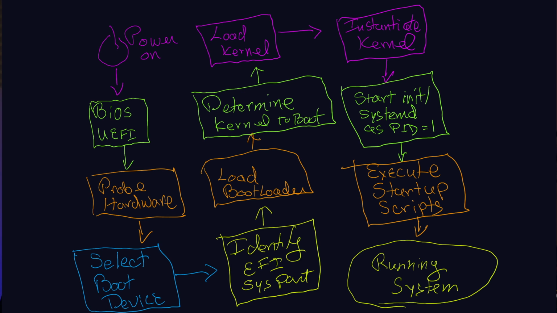So anyway, once we have the kernel loaded into memory, the kernel goes through its initialization steps and discovery and all that. But one of the things that it does is it starts up what's called the init process. That's otherwise known as process ID 1, or PID 1. So this init process runs system initialization steps. It can be systemd, it can be SysV init, it can be OpenRC, it can be Upstart.